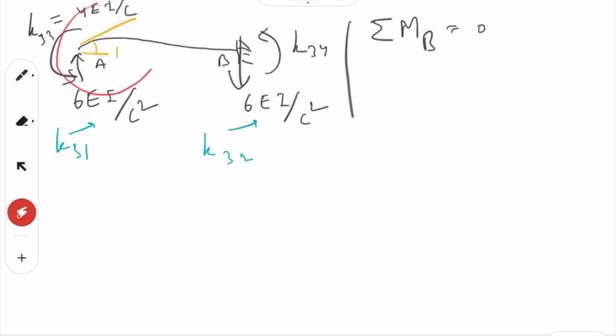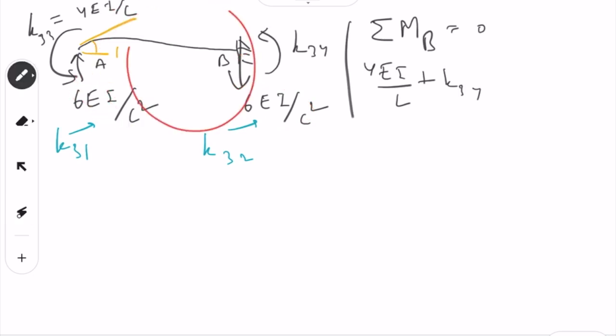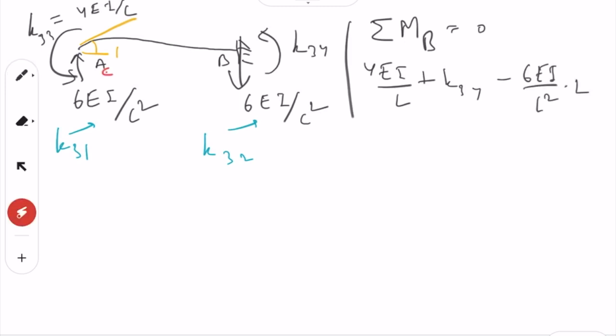So what we see is K33, which is anti-clockwise, so 4EI over L plus K34. So we get these two anti-clockwise, and then we are taking moment from here. There is no moment because of this, but there will be moment because of this, which is clockwise. So we take minus 6EI over L square multiplied by L, from here to here. So this is going to create negative moment, and this will be equal to 0.